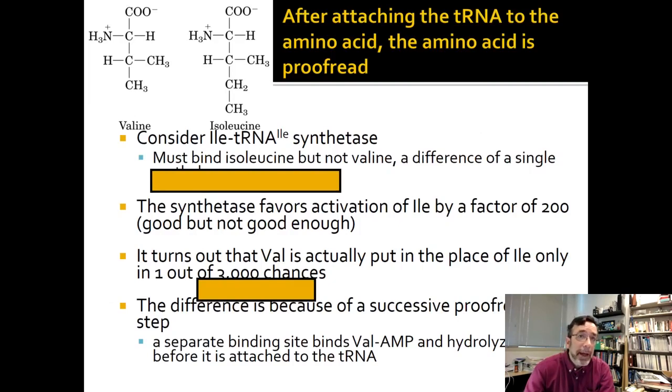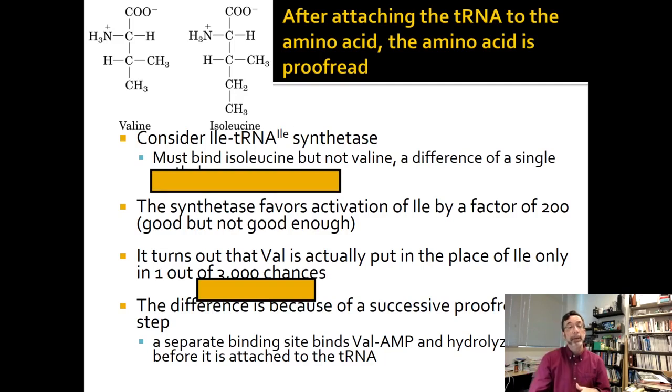So the thing is, there's actually a proofreading step that happens between the attachment of the amino acid and its use on the ribosome. This is kind of cool, and we know it exists because we see how faithful the technique is. Let's say that the isoleucine synthetase must bind to isoleucine but not valine, and think about that.